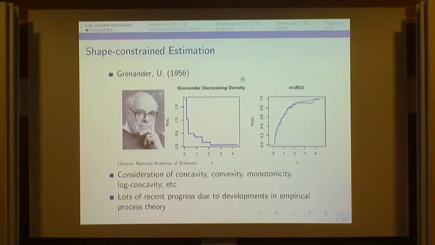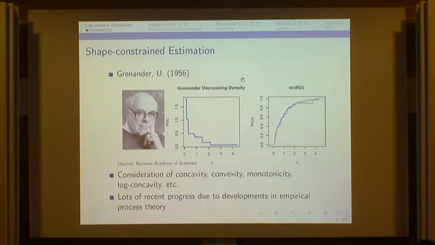The area of shape-constrained estimation was pioneered by Grenander, who considered estimating a decreasing density on 0 to infinity. He proved that the maximum likelihood estimator for a decreasing density is the same as the left derivative of the least concave majorant of the empirical distribution function. You consider the smallest concave function above the empirical distribution function, which is a piecewise linear concave function with some kinks here, here, here.